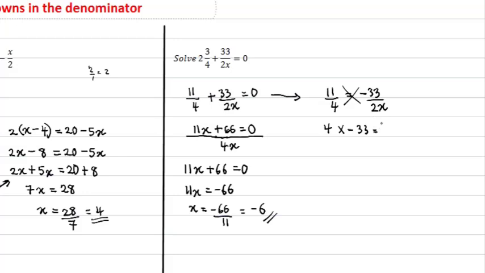So 11 times 2 is what? 22x. So 33 times 4 will give us minus 132 equal to 22x. So finally x will be equal to minus 132 divided by 22. So this will give us minus 6 as our final answer.